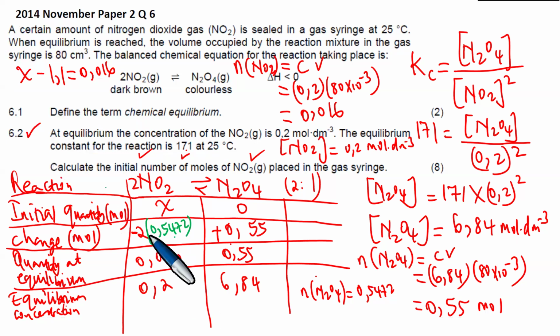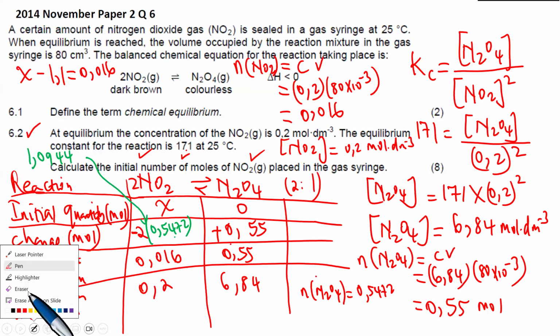So this one here is exactly 1,0944 moles. That's what we have here. We can even write that one down. I'm writing that so that you can come here and use it.